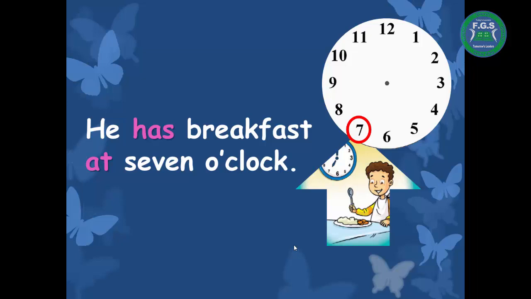So, when we talk about him, or when we start the sentence with he, we will use has and not have. Why? Because he is singular. But we use have with the plural nouns, okay?